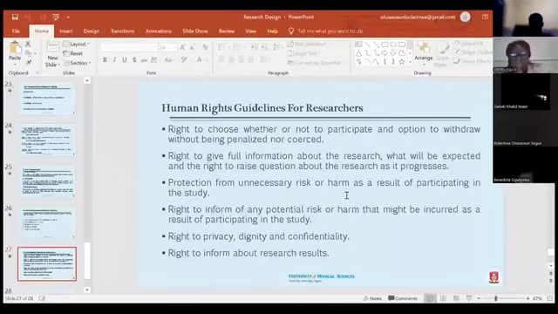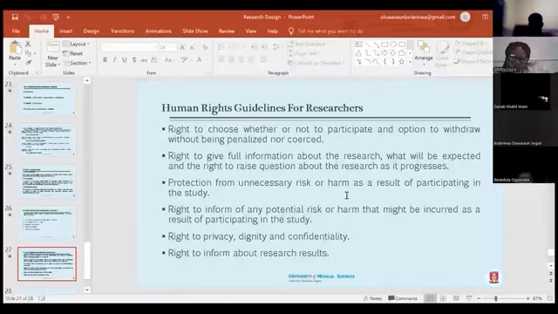The right to choose whether or not to participate, an option to withdraw without being penalized or coerced, the right to be given full information about the research, what will be expected, and the right to raise questions about the research as it progresses. Yes, you don't say you don't ask questions. No, they have the right to ask questions, and they have the right to receive answers. And if you don't provide them necessary answers, they have the right to quit that study.